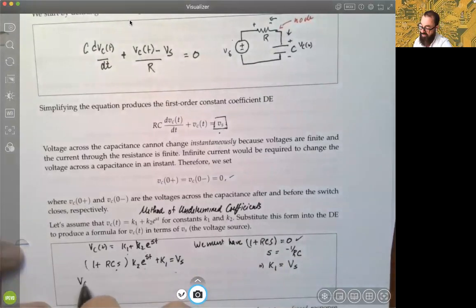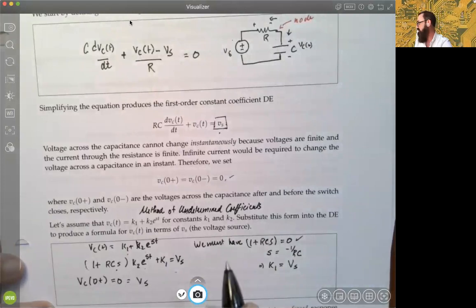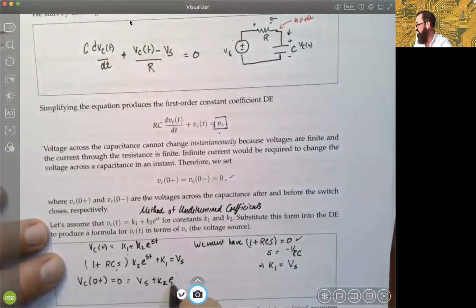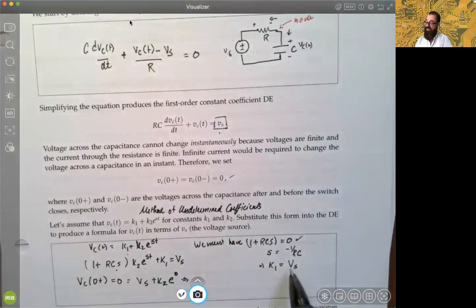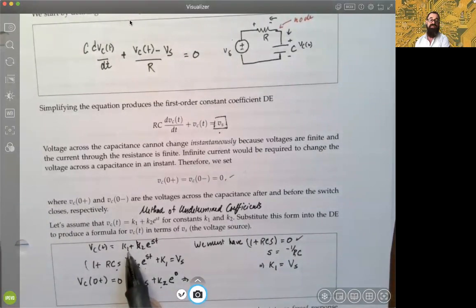Another thing we know is that Vc of 0 plus, right after the switch closes, is 0. And that's going to be Vs plus K2 times e to the 0 power, because I've already said that K1 is Vs, so I can substitute Vs here. When you plug in 0 there, that just gives you a K2 term.